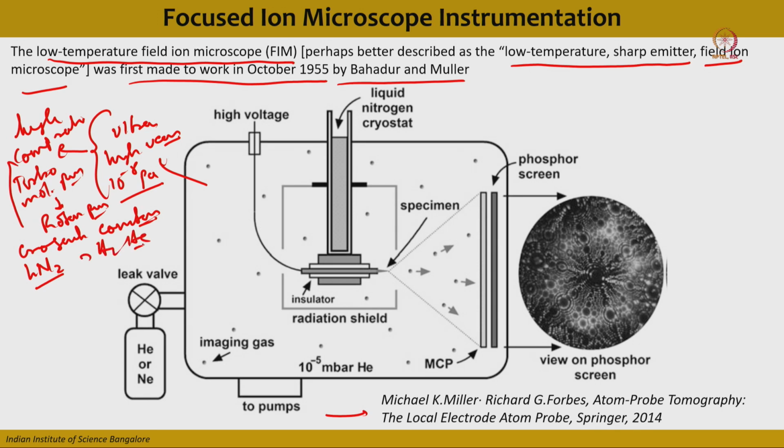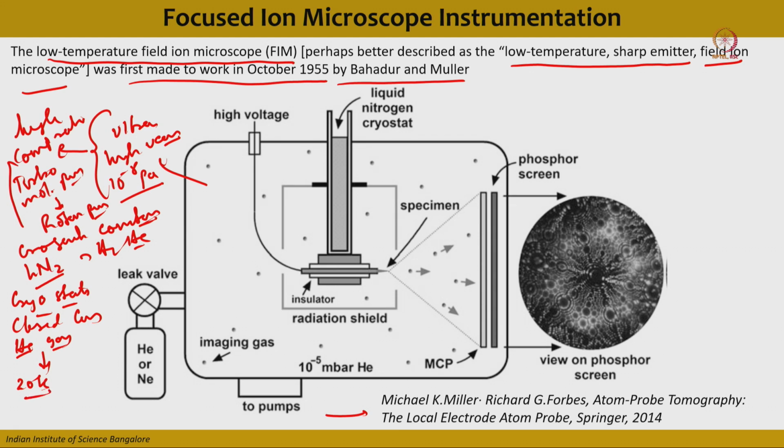But in the latest FIMs, they use cryostats. What are cryostats? They use closed cycle helium gas, and these can reach a temperature down to 20 Kelvin, so the specimen temperature can be brought down to 20 Kelvin.